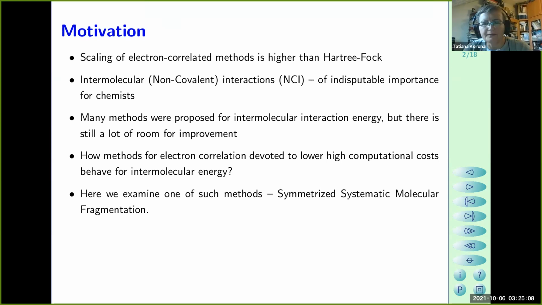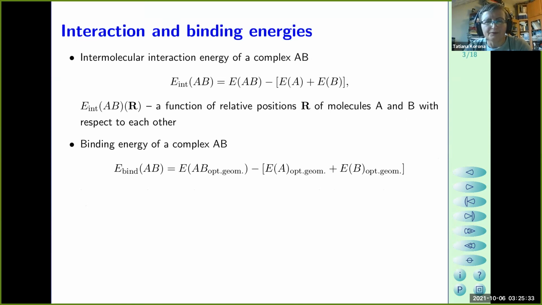So one of these methods is systematic molecular fragmentation, which I will be talking about in a moment, and we just want to check how it applies to intermolecular interaction energy. First of all, I would like to introduce the key quantity.